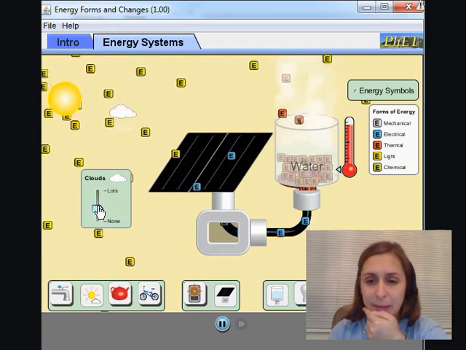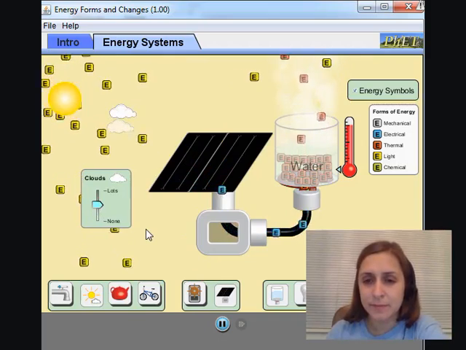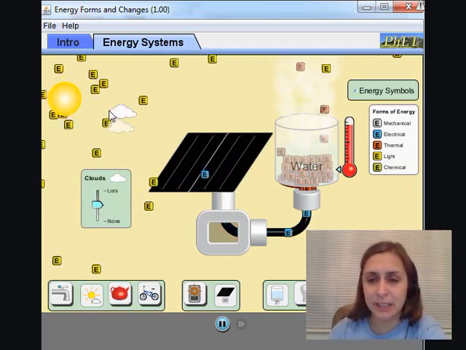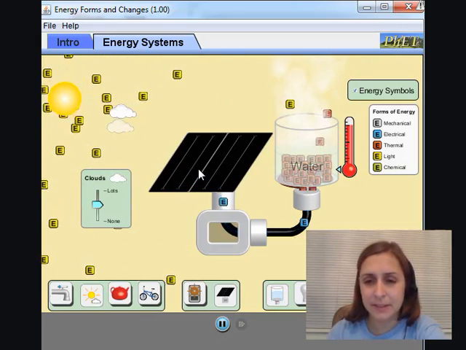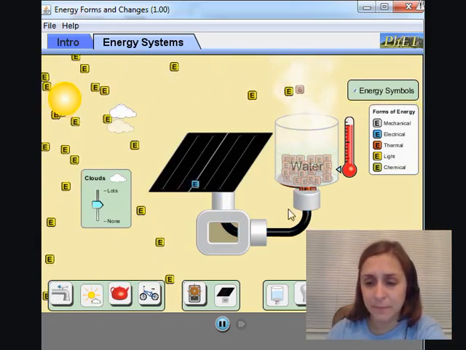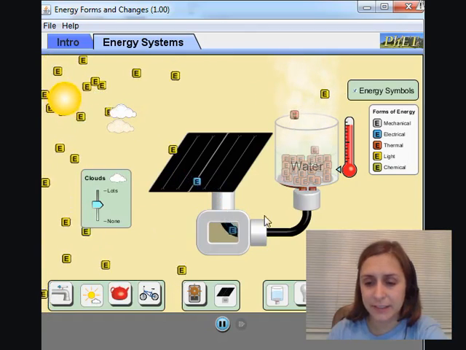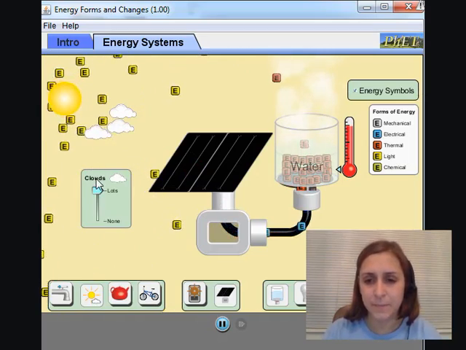What about a medium amount of clouds, about halfway up? You can see now some of the energy is getting reflected away by the clouds and not making it through. But some is still making it through, and we see the electricity still traveling. What about if there are lots of clouds?